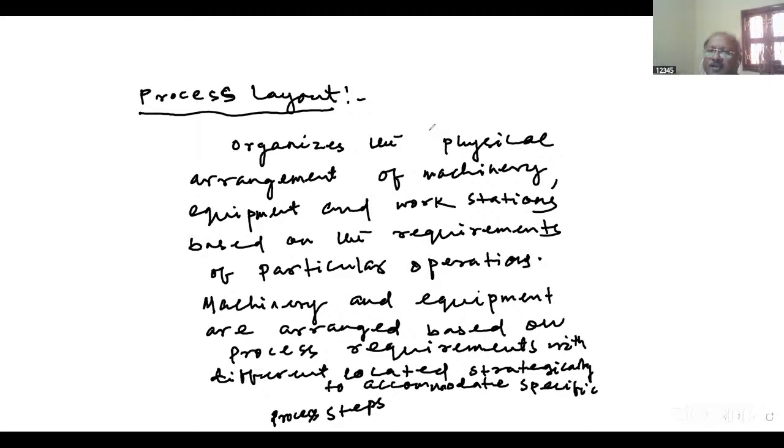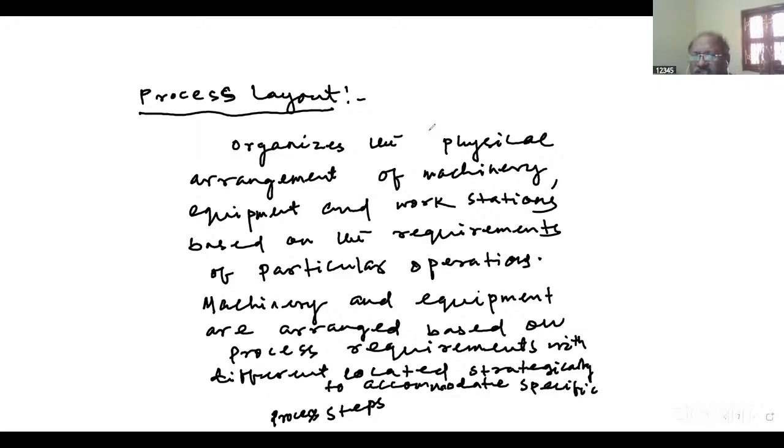So that to carry out a function, the varieties of machines and machineries required are available, and the workers can easily access them without wasting any time. Suppose someone requires a drilling machine. He goes to the drilling department to bring that machine.